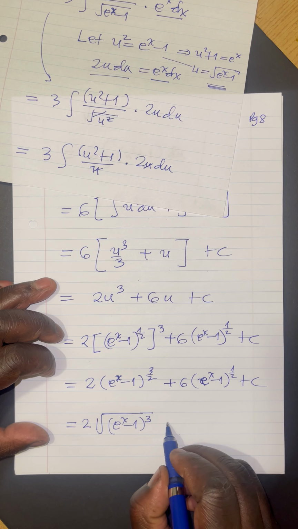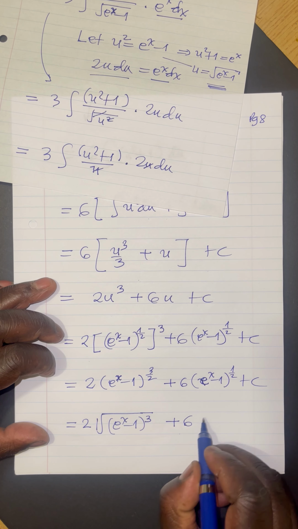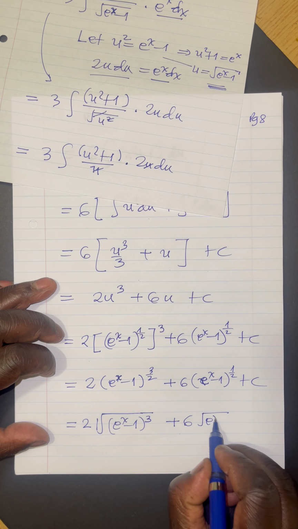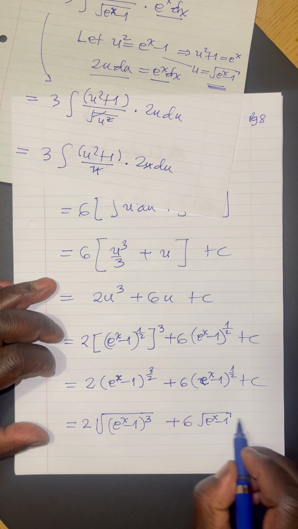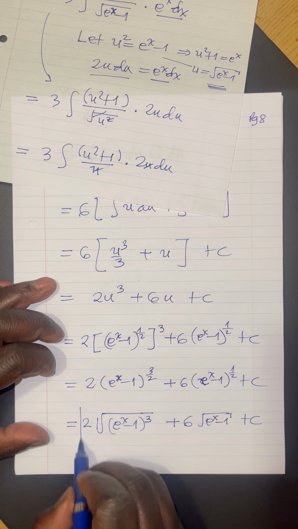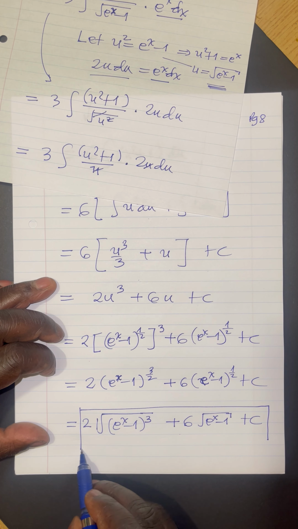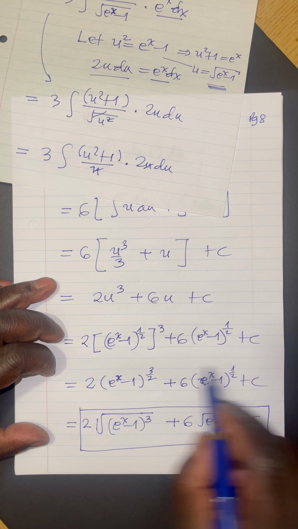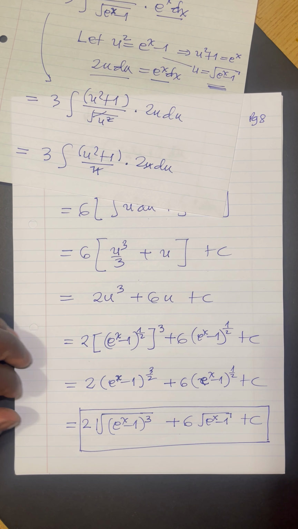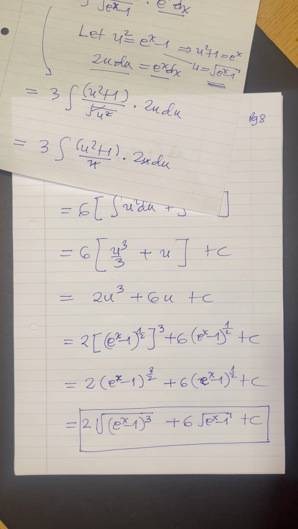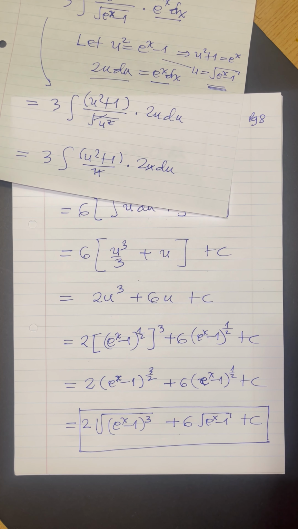And then plus 6 square root of e to the power x minus 1, then plus c. By the way, you don't get any extra mark by rewriting this expression into that form. This form of the solution is sufficient, but whatever suits you would be the right way to go.